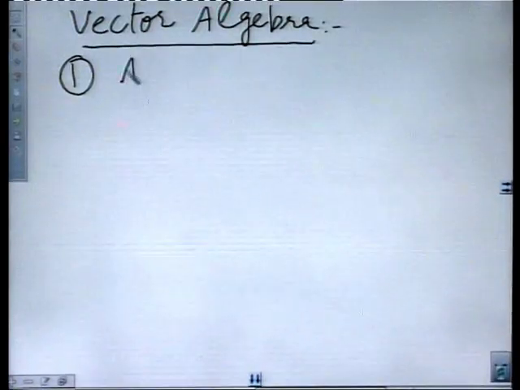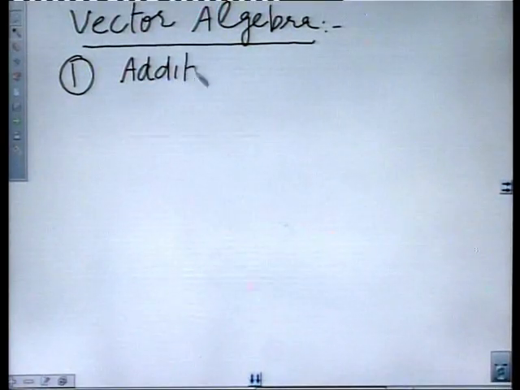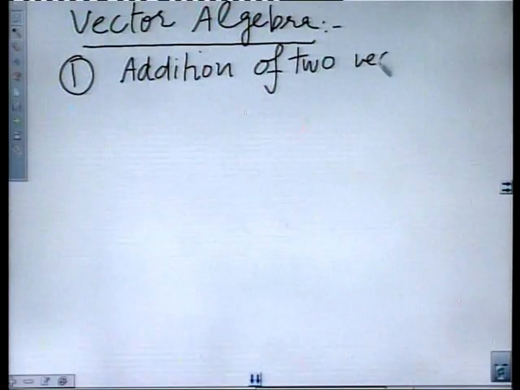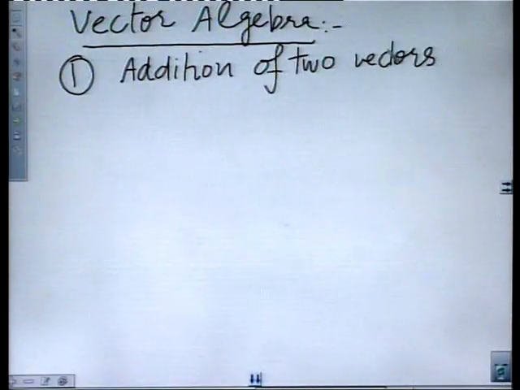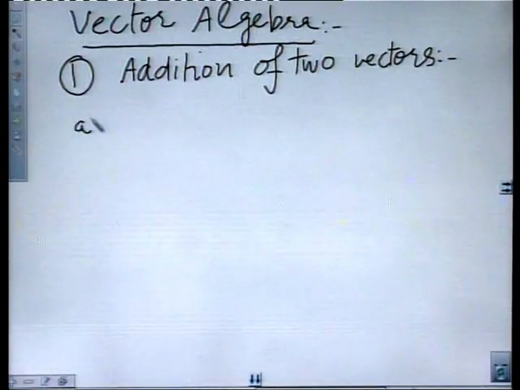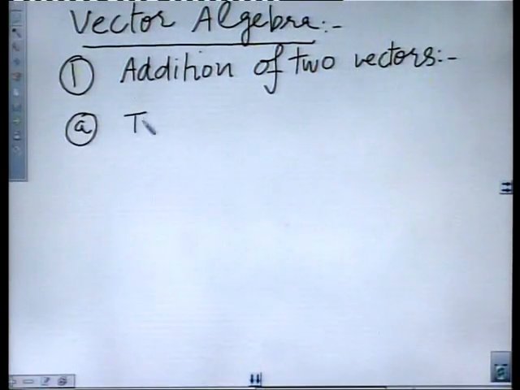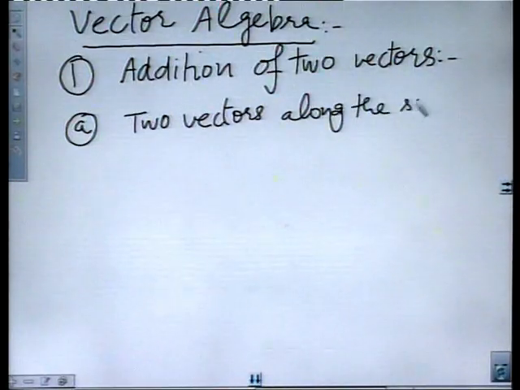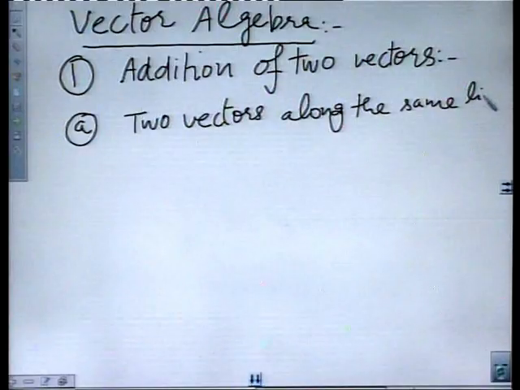First is the addition of two vectors. Let us suppose we have two vectors along the same line. Let us say we have two vectors.